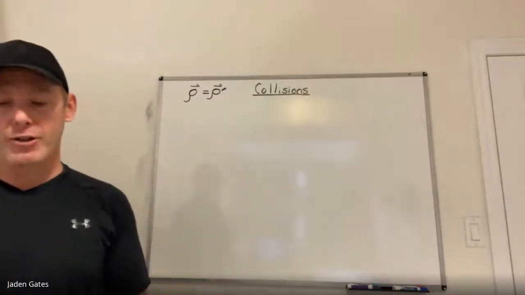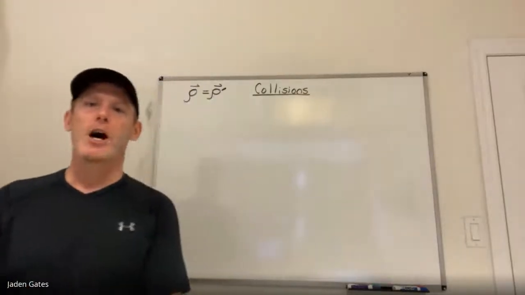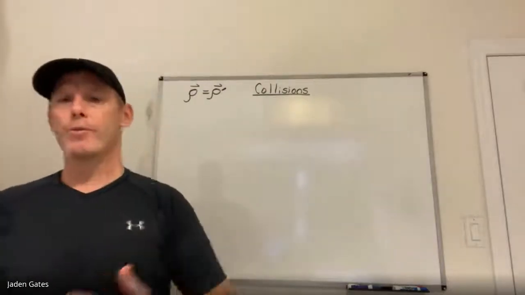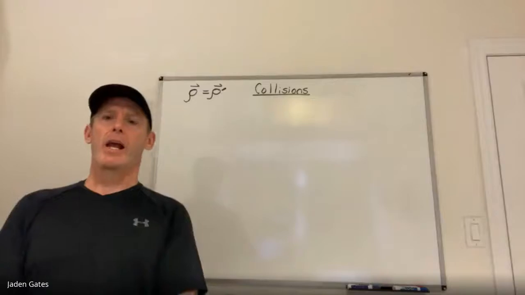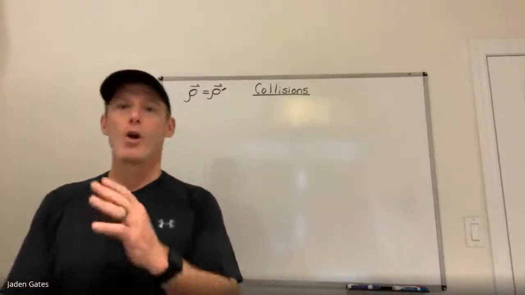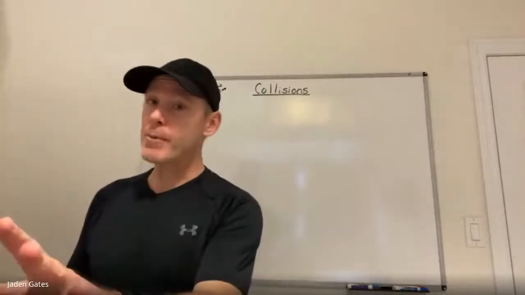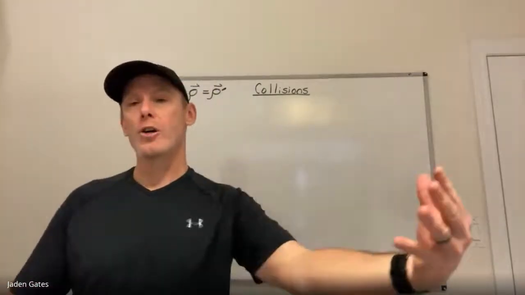All right. Now, here's the key with our two different types of collisions today. We have what's called an elastic collision. Now, to be honest with you, that's more or less a normal collision. And what I mean by that is that energy is lost in the collision. Momentum is not lost, but energy is lost in some form.